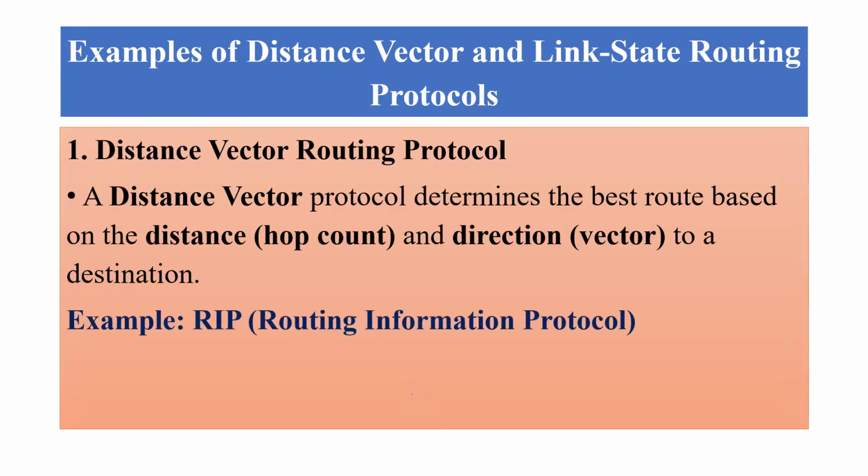Then when you come to the examples, RIP is a typical example of the distance vector routing protocol. These are best used for smaller networks. It can only go up to 15 hop count. Beyond 15, it cannot be used. So for a small or medium network, you can use RIP.